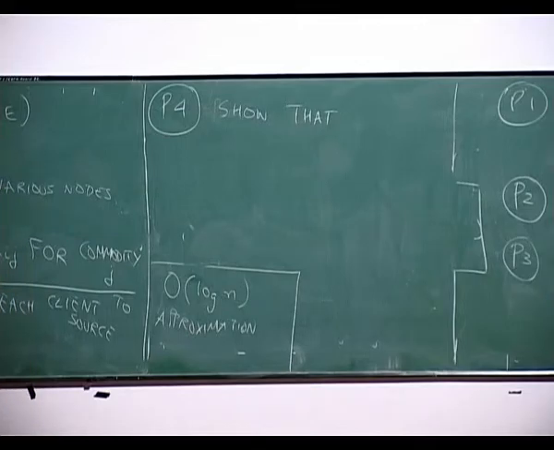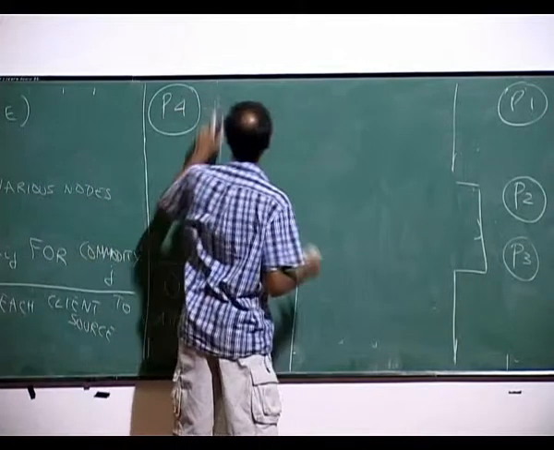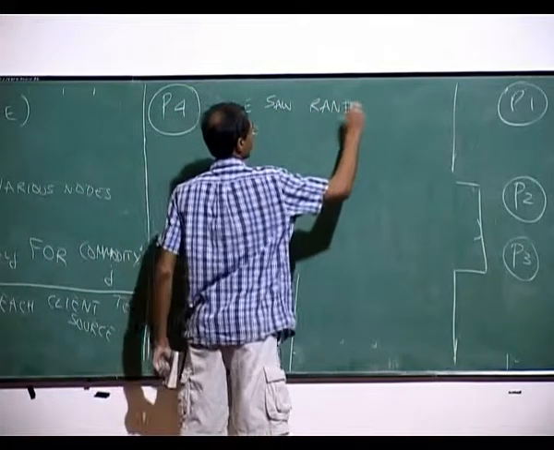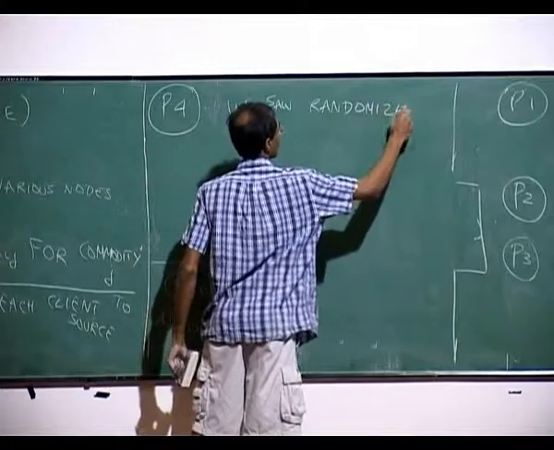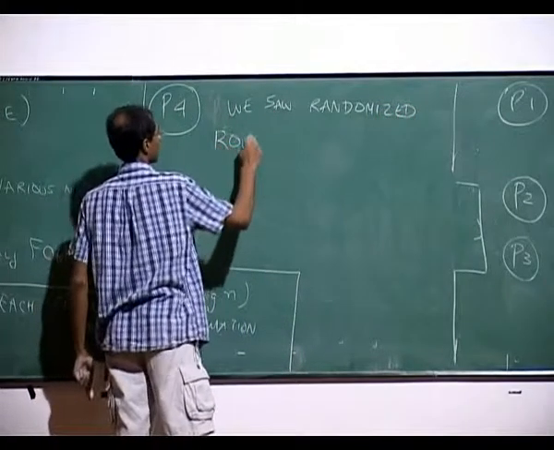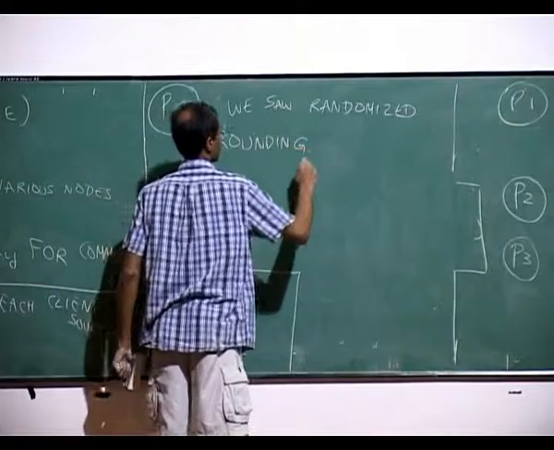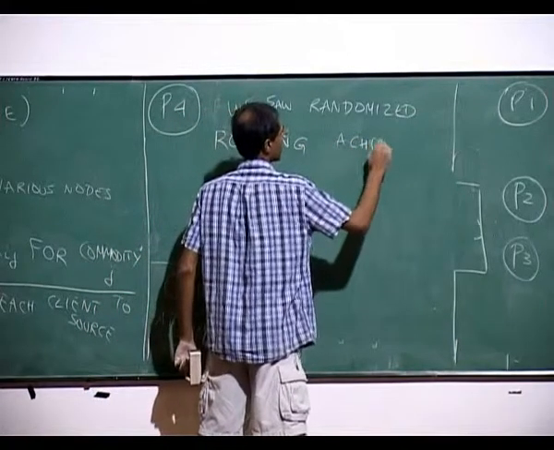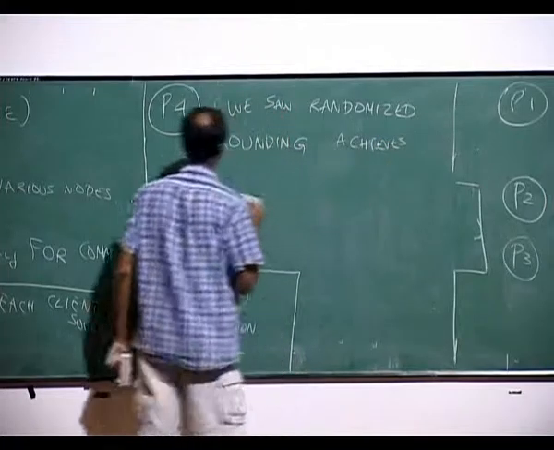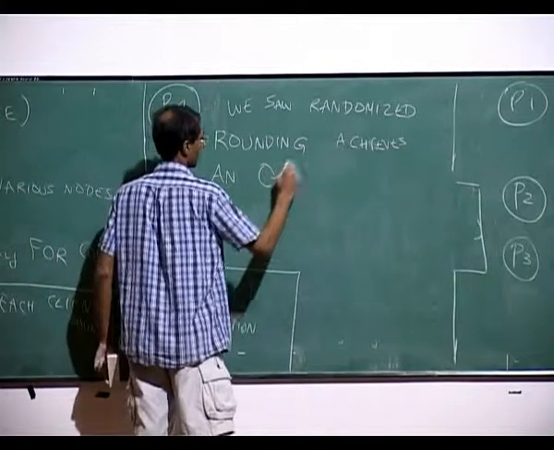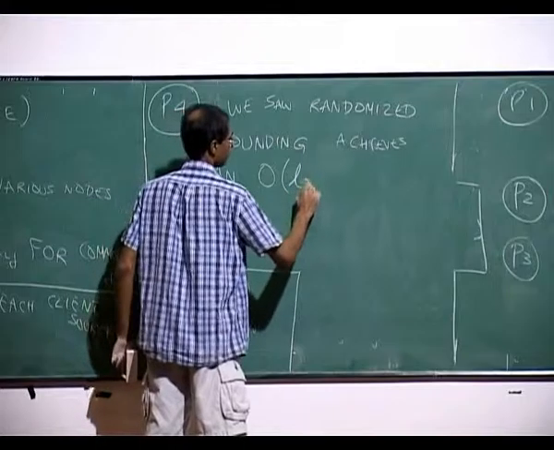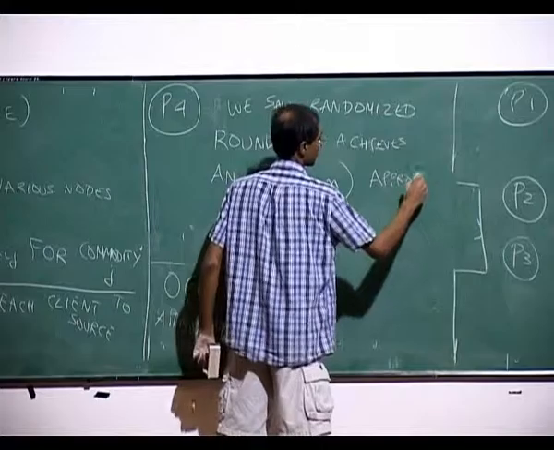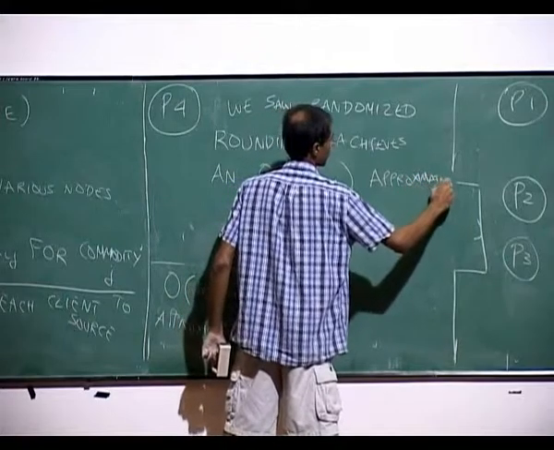Basically, we showed that randomized rounding achieves an order ln n approximation.